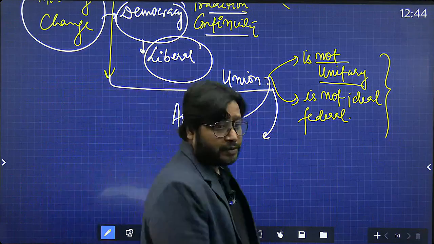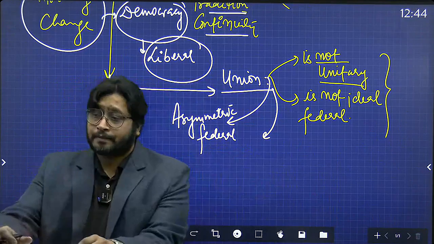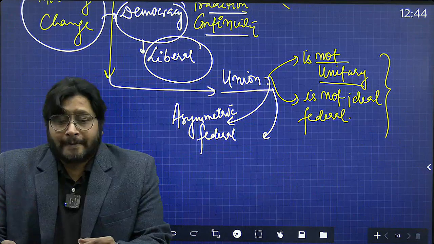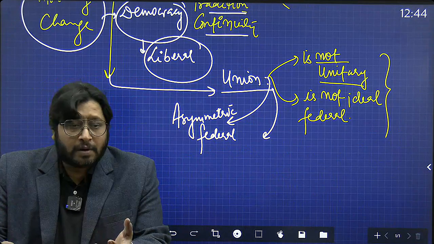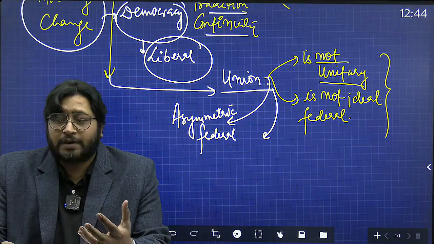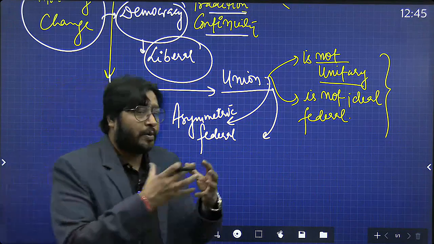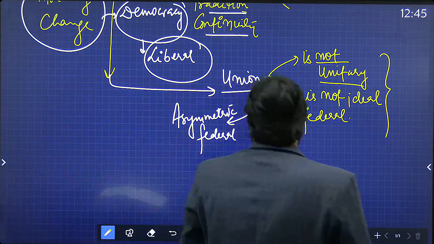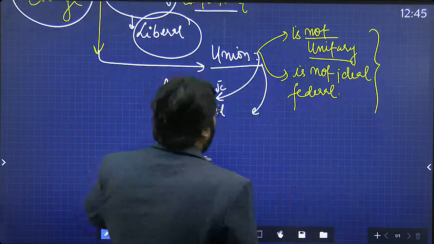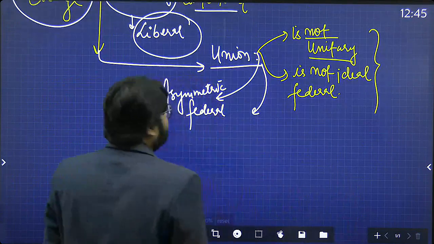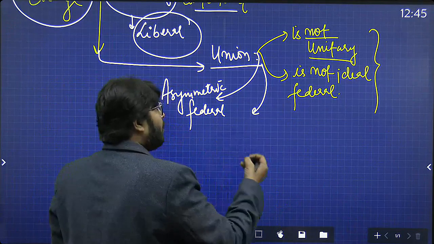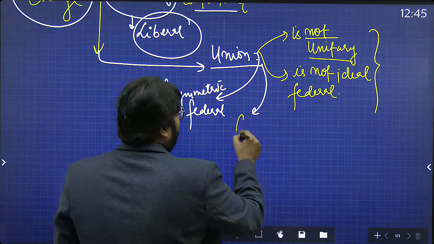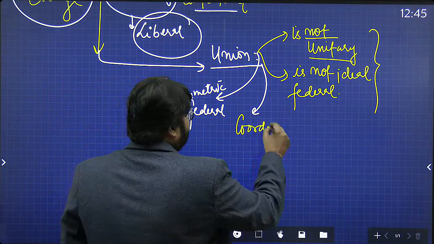There are various provisions where you see that the union has more powers, and various provisions where they are coordinate. The Supreme Court itself has given the view, and even Ambedkar was of the view, that we are asymmetric, but the state is not subordinate to the union. They both are coordinates.